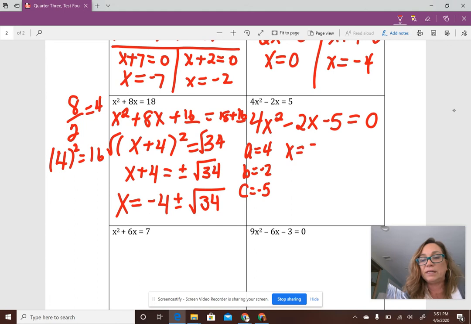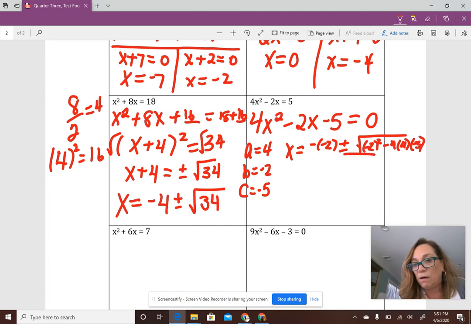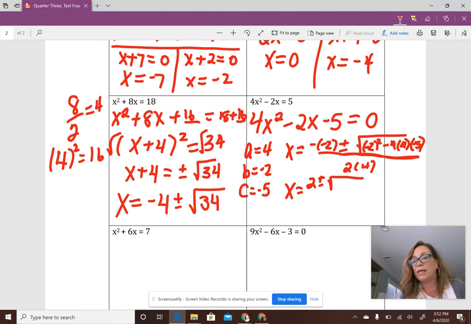X is equal to -b plus or minus square root b squared minus 4ac, sorry, my handwriting's sloppy, all over 2a. Okay, so x is equal to, the negative of a negative is a positive, so that becomes +2.